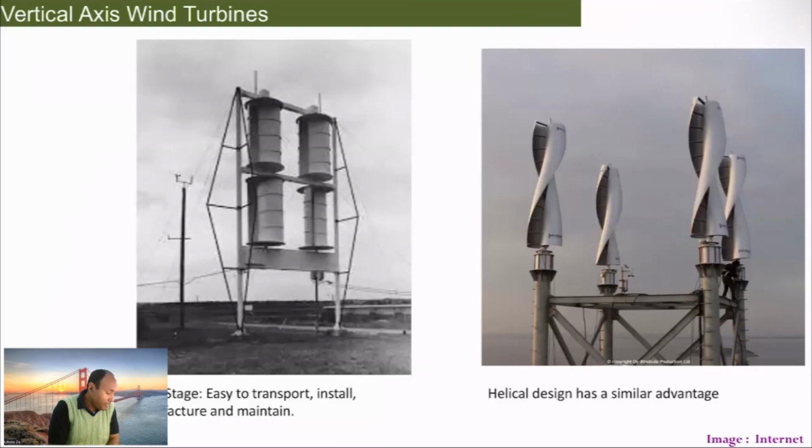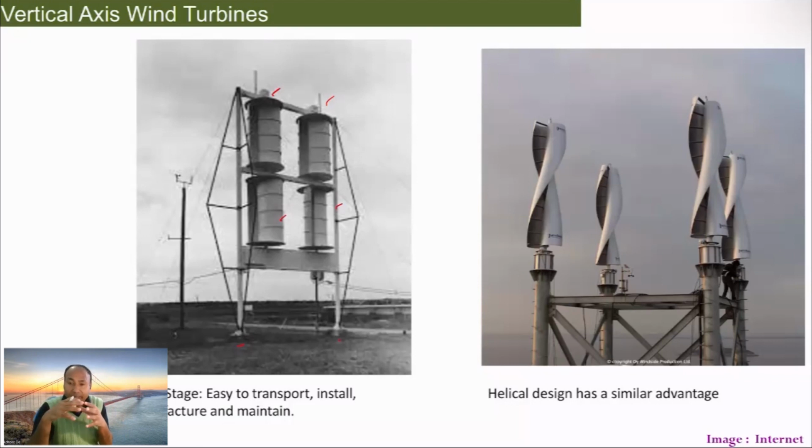Now you could see here the multi-stage turbine. That means you have one kind of structure or frame, and then you have four turbines, one, two, three, four, which are connected in one particular structure.